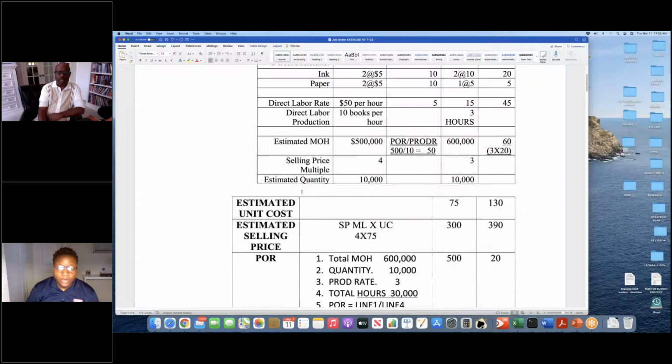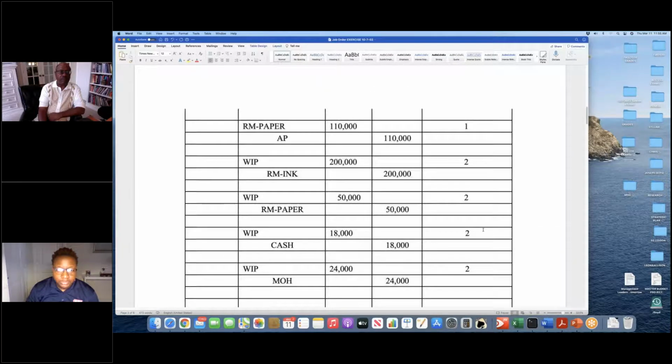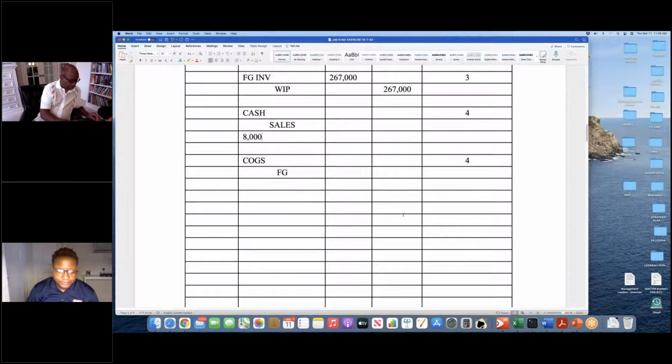We go back. Oh wait, no, the selling price. 390. Okay, cool. So we wouldn't use the actual unit cost for that, we'd just use the estimate. You use the actual unit cost for the cost of goods sold. You use the selling price for the cash and sales.